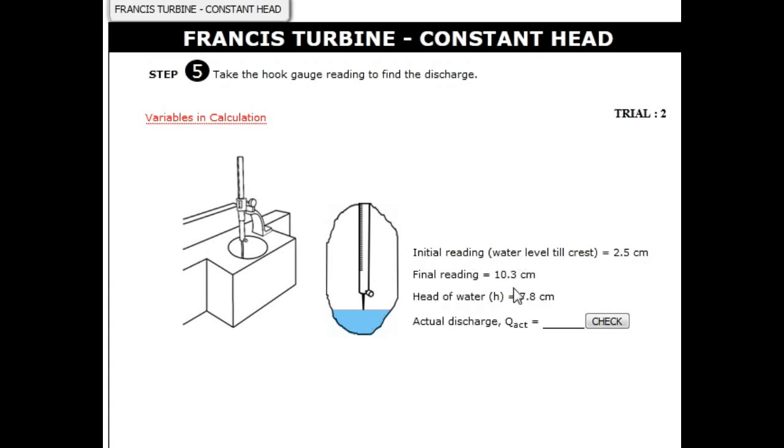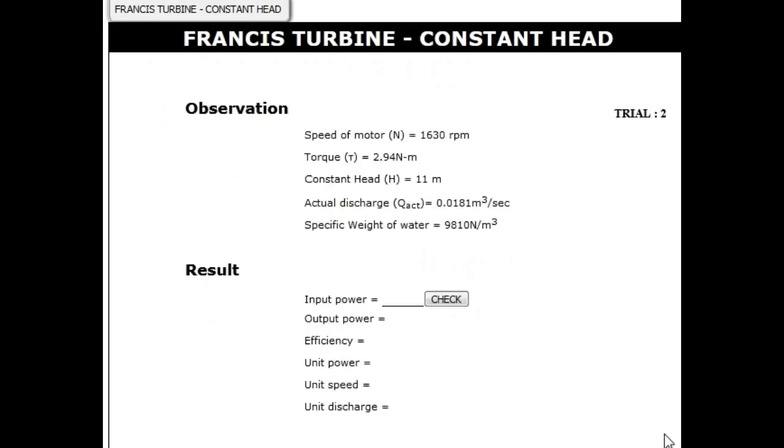So the rise of water is 7.8 centimeters. Hence the actual discharge is 0.0181 meter cube per second. In the next step, calculate and substitute the values.